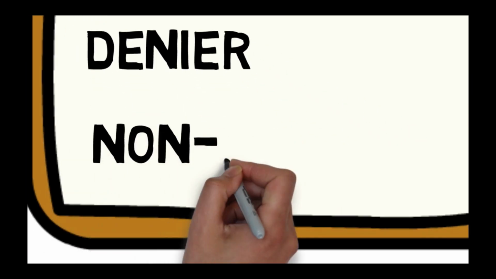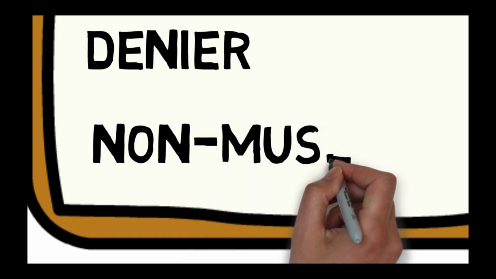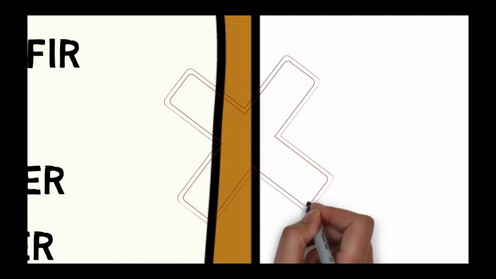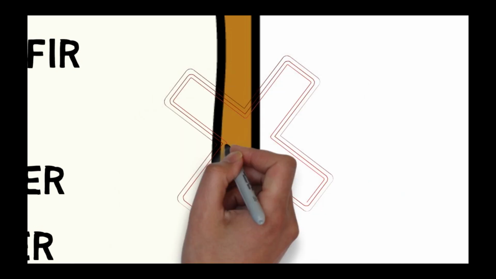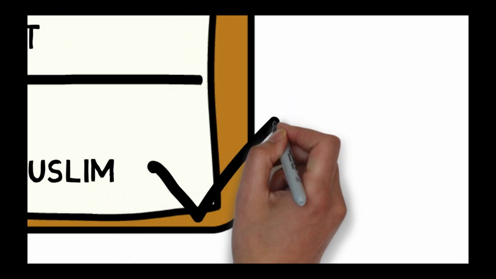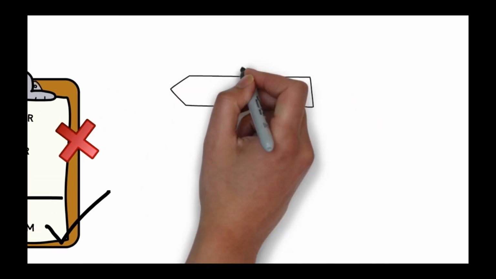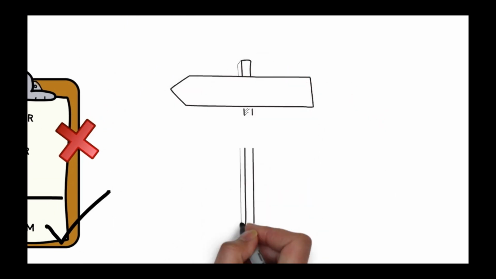The word kafir can be translated into a denier of the truth in the Islamic text, or non-Muslim in interfaith dialogue. He is non-Muslim and I am non-Christian, now we can talk. The two options may differ, but the underlying reference is still the same.